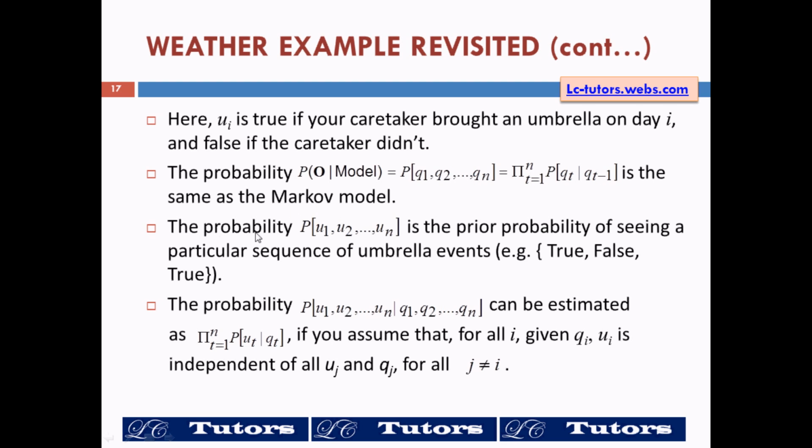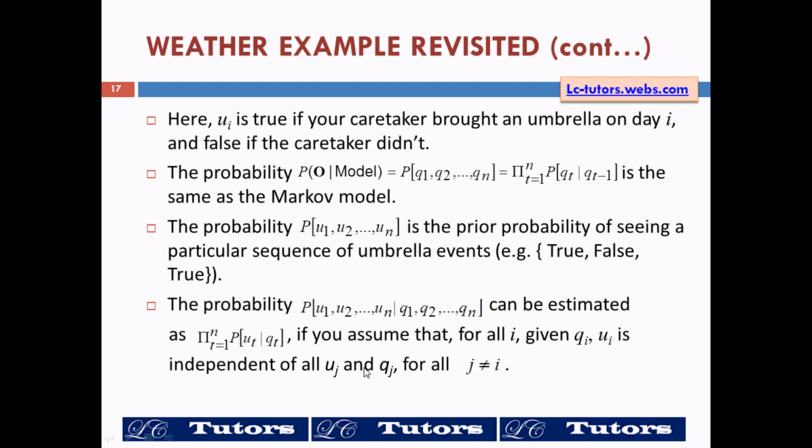So the probability P(u1 ... un) is the prior probability of seeing a particular sequence of umbrella events, true, false, true. The probability of u given q, the observation given the model, can be estimated as the product over t equal to 1 to n of P(ut given qt), if you assume that given qi, ui is independent of all uj and qj for all j not equal to i.